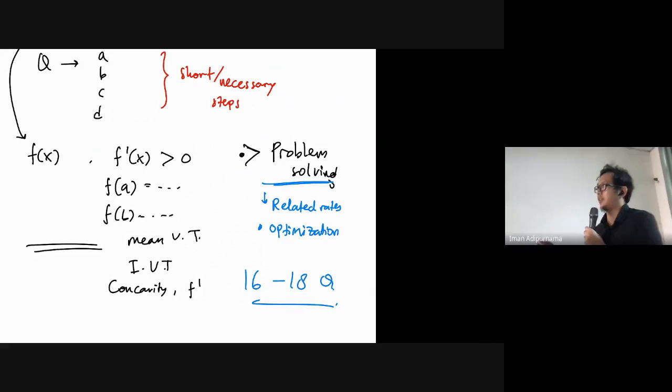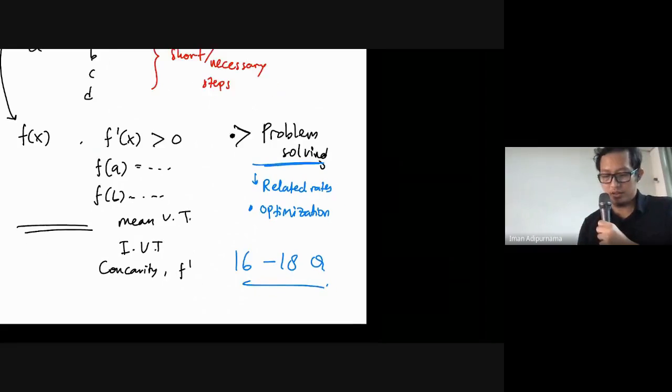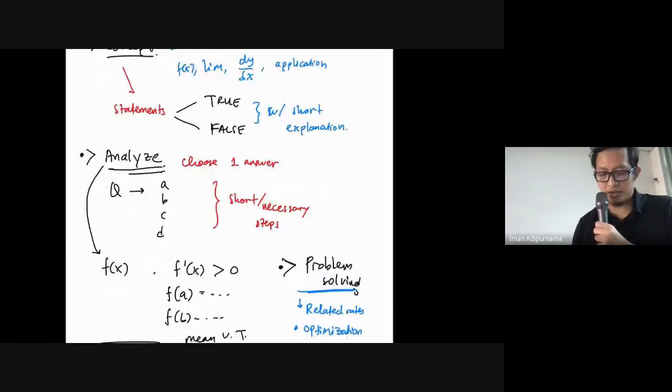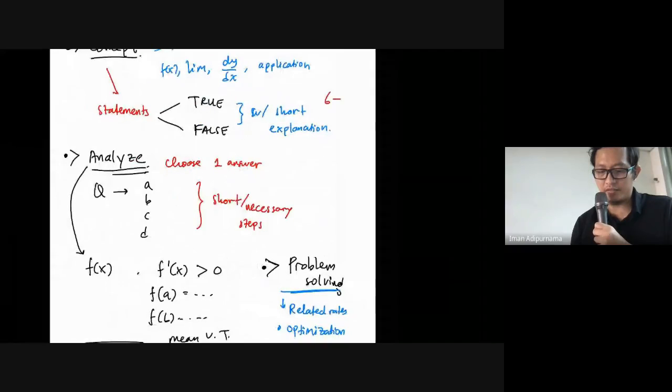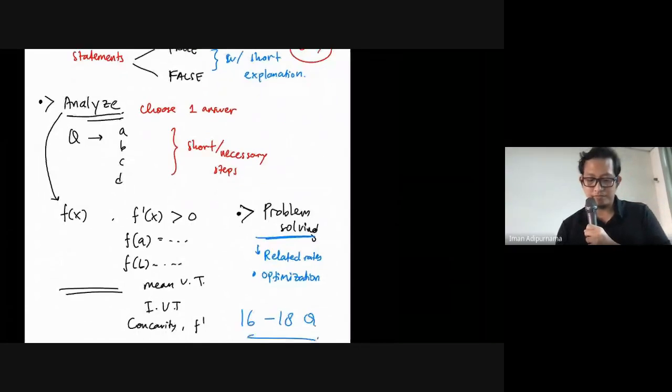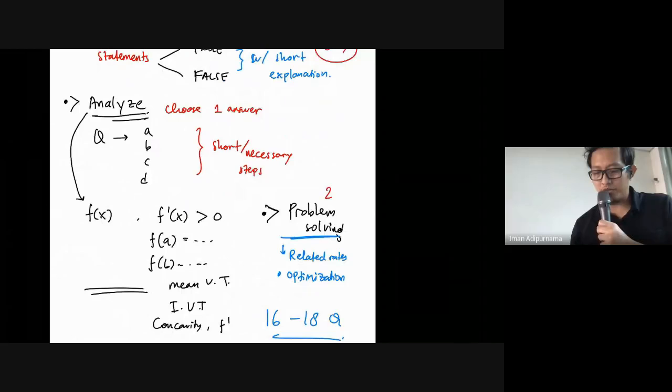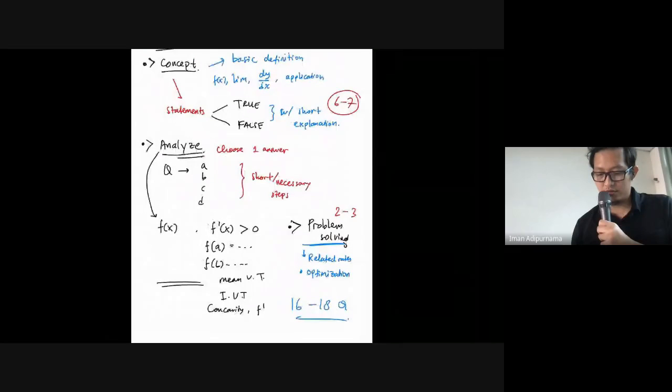I haven't decided yet how many, but I already made the questions on the weekend. But it's not fixed yet, so it's still around 16 to 18. So around 6, maybe 6 to 7 are true or false. Problem solving maybe 2 until 3. And this will be at least 7, or 6 to 8.